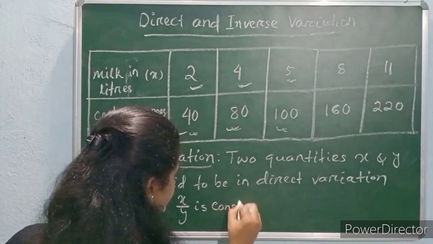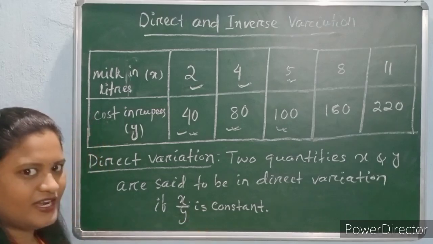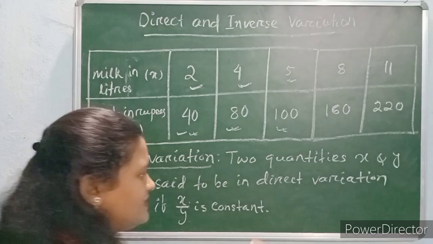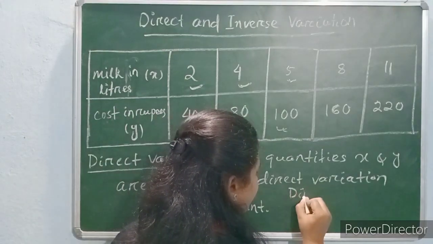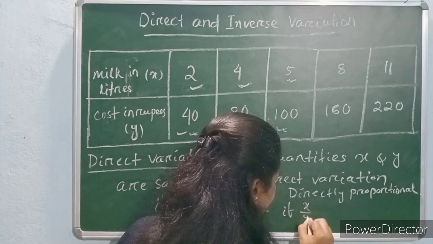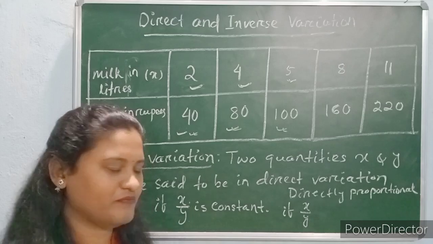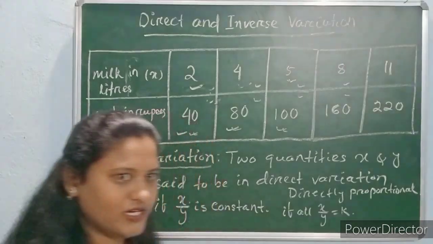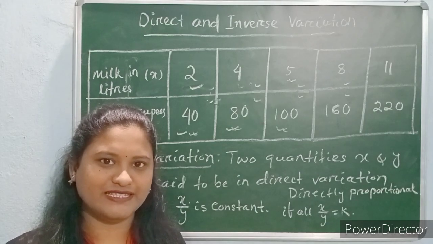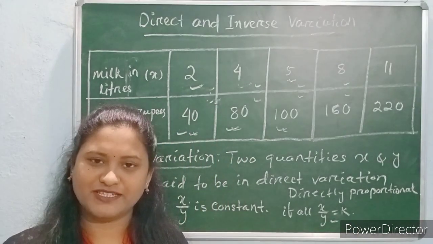If x by y is constant, then we can say that x and y are in direct variation. Another topic here is directly proportional. What is called directly proportional? If we take all x by y and we get a constant and all are the same, then x and y are called directly proportional. This topic is very easy.